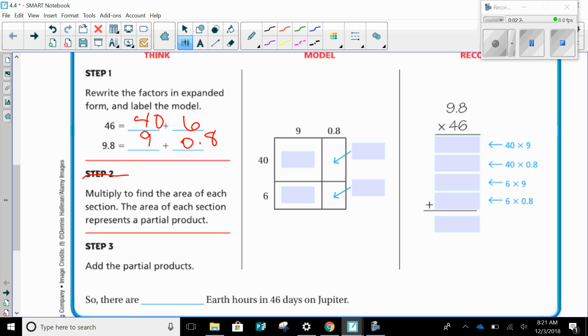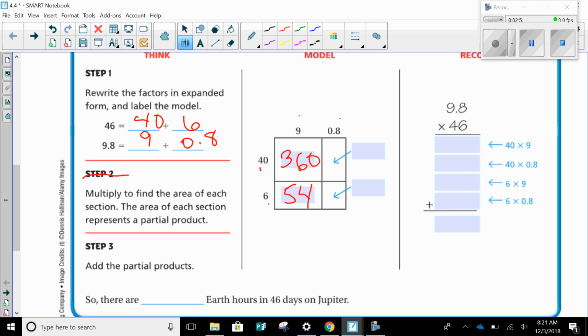So if you look over here, they've taken the 40, put it on one side, and the 6 right below it, and then 9, and then 8/10. So 40 times 9 is 360. Then 6 times 9 is 54.